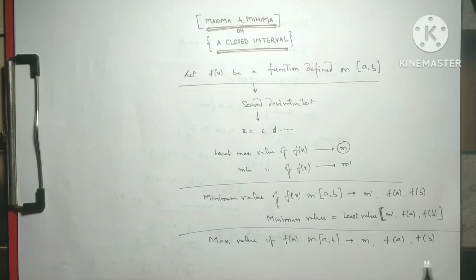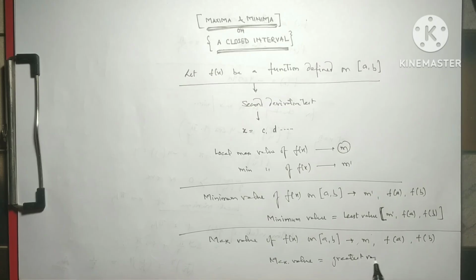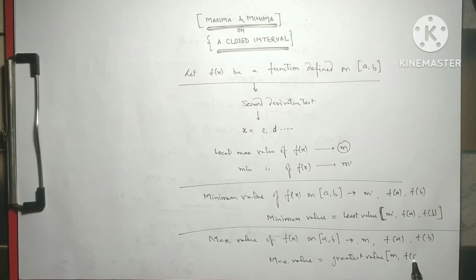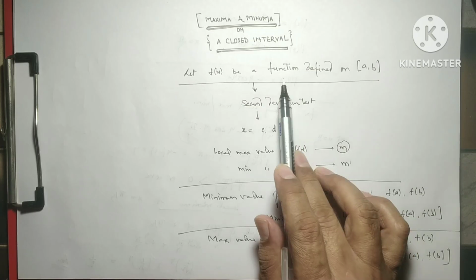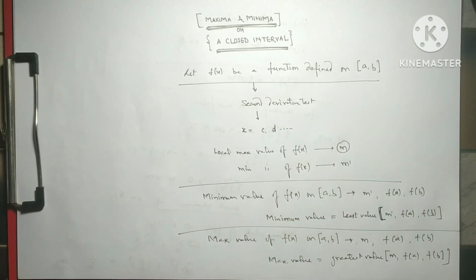So maximum value of function will be the greatest value among m, f(a), and f(b). So this is the working method. According to this, we will get the minimum value and maximum value of the function on closed interval, right?